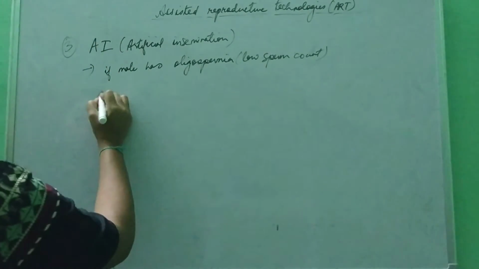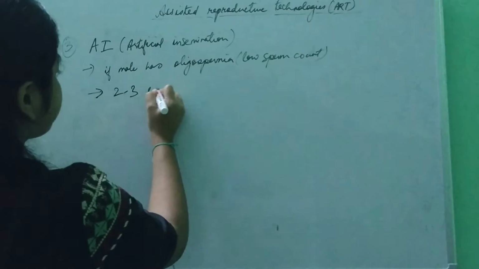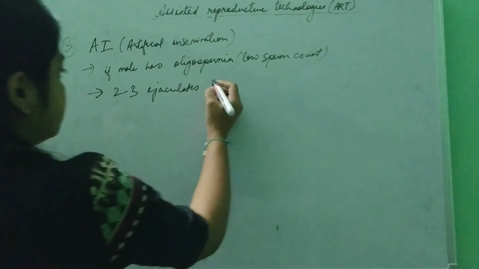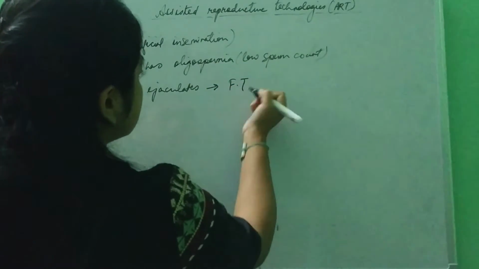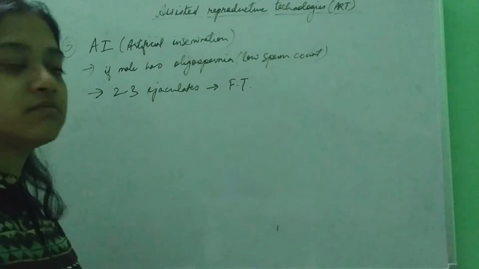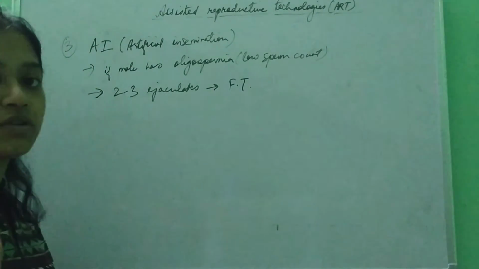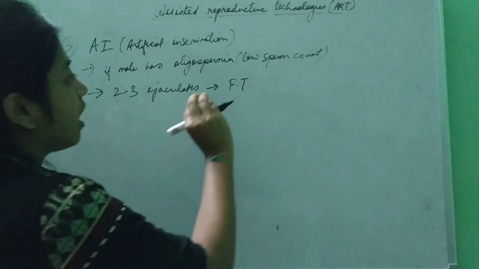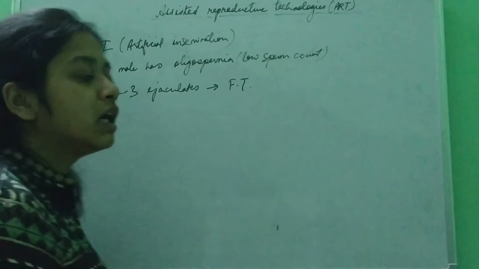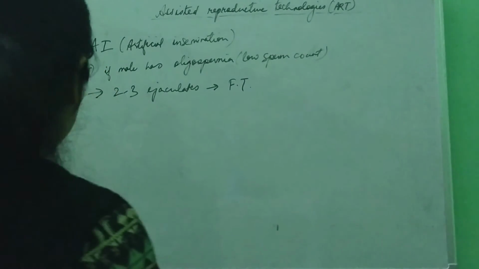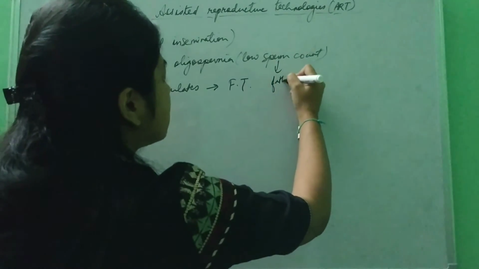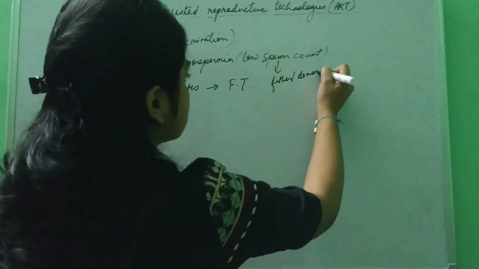So 2 to 3 ejaculates are collected and together put into the fallopian tube. The rest of the process is natural. Only the sperms are collected and put in the fallopian tube, and there it fertilizes with the egg. The sperm can be from the father or partner, and donor also.